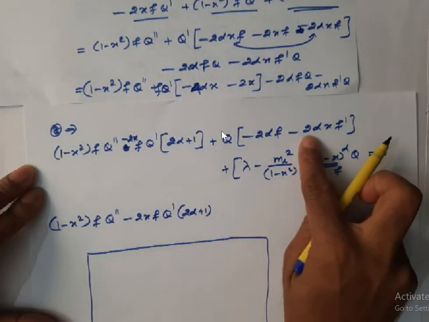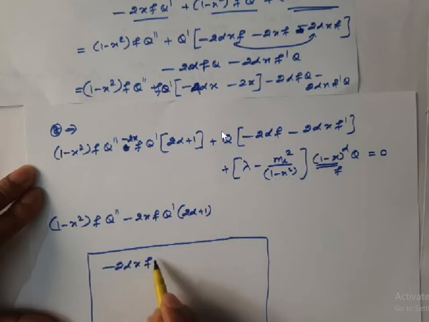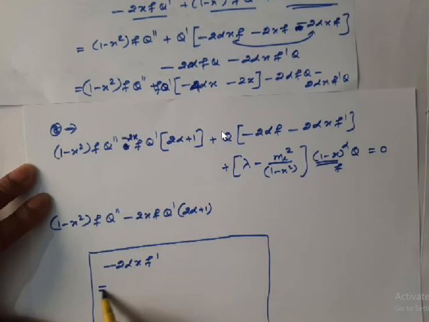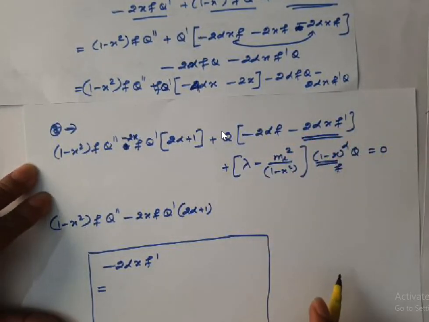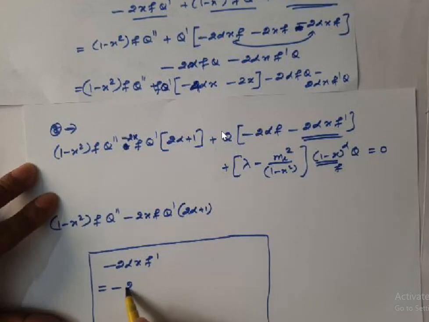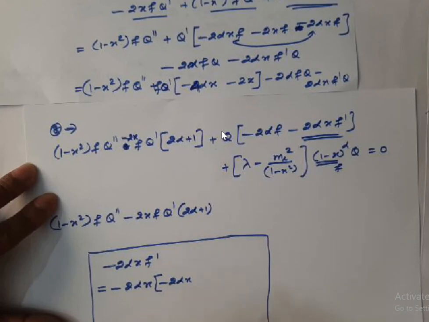See, we have this term minus 2 alpha x f dash. I can write this term as minus 2 alpha x times f dash. We know f dash is nothing but minus 2 alpha x. Okay, in the last page I showed that minus 2 alpha x into 1 minus x square power alpha minus 1.